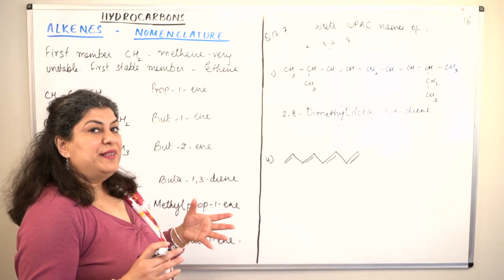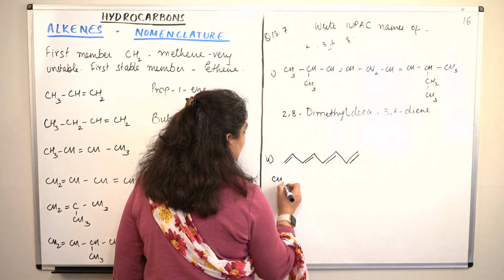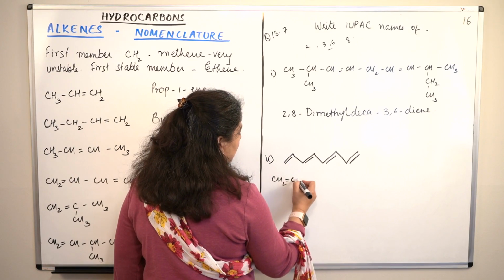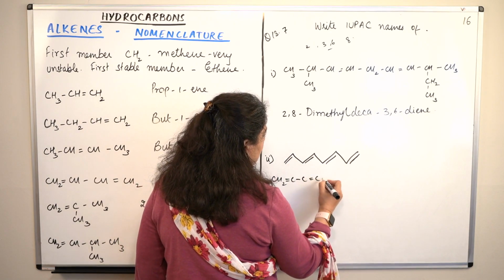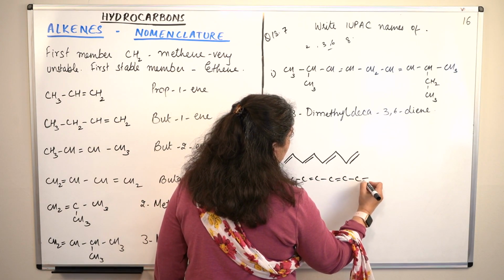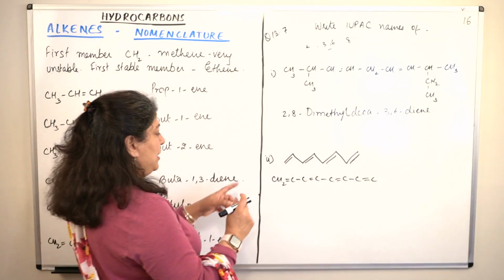So if I had to write the expanded structure of this compound, I would write CH2 here, a double bond C, and a single bond C, a double bond C, single bond C, double bond C, single bond C, double bond C.